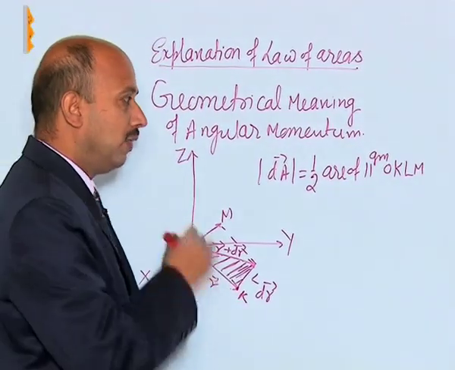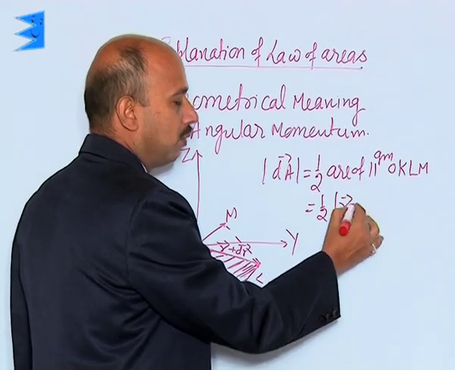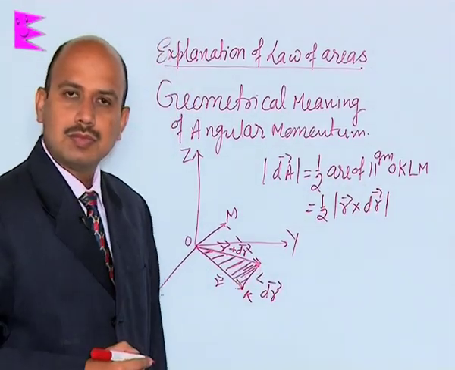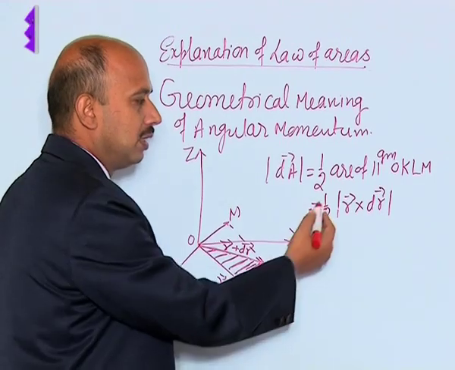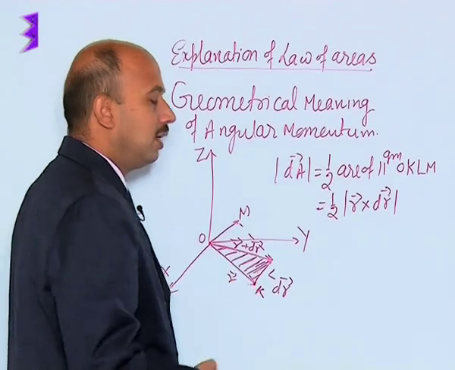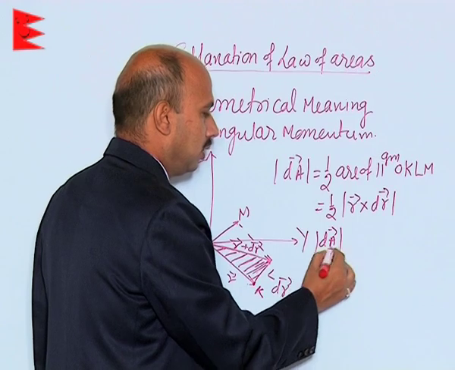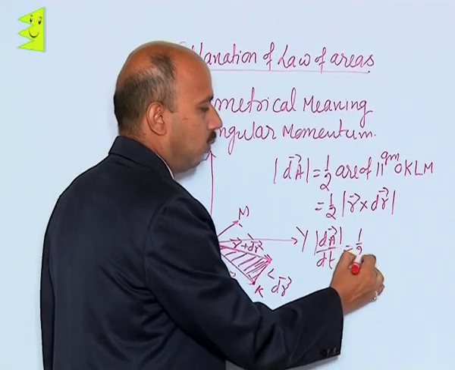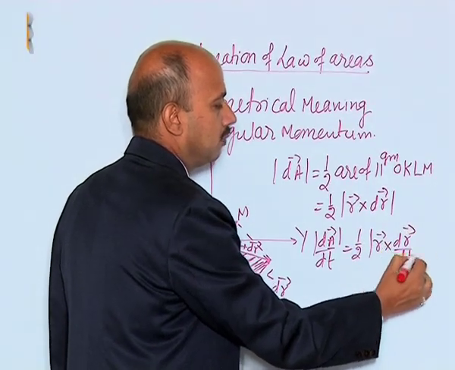In the cross product of two vectors we have done, this is the magnitude of the cross product of the two vectors r and dr. So dA, the area of this shaded portion, can be written as half of r cross dr. Now divide both sides by dt, and you will get dA by dt is equal to 1 by 2 r cross dr upon dt.